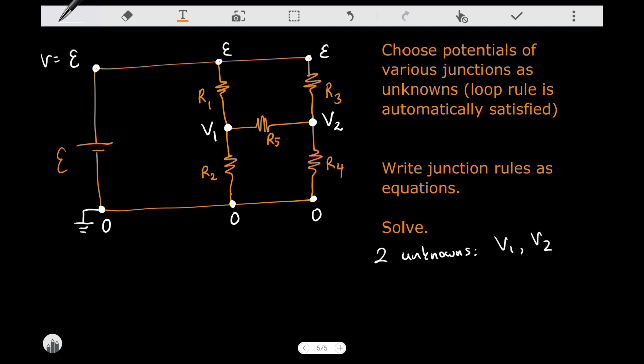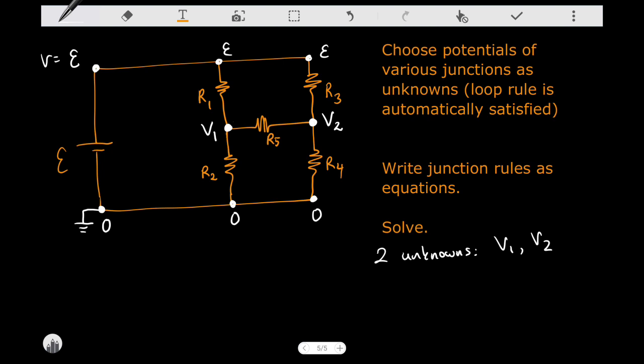And as a result, I should be able to write down two junction equations, junction rules. And by using these rules, I can determine the values of these two unknowns. How do we write down the junction rules? You can think of it like this.